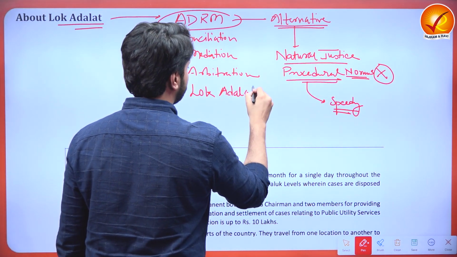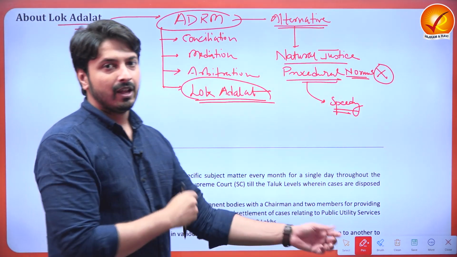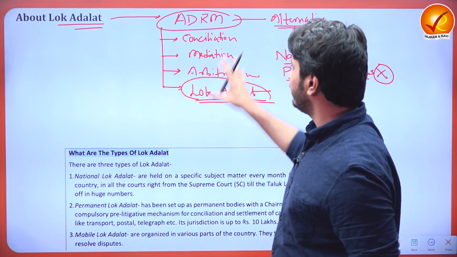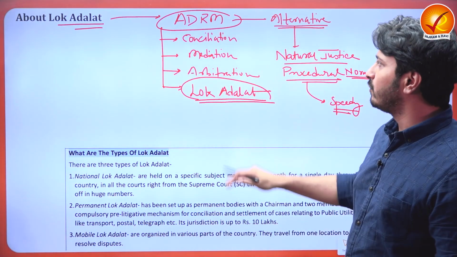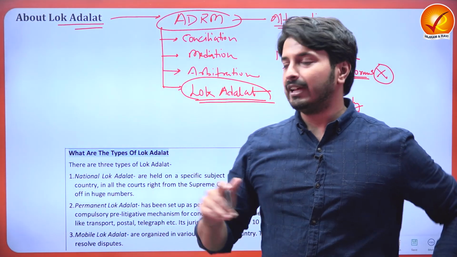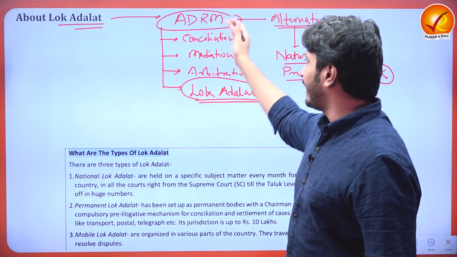And this is what we are going to discuss very holistically in this particular topic. So for you to understand better, we try to map the topic of Lok Adalat, to locate it in the entire realm of alternative dispute redressal mechanisms.